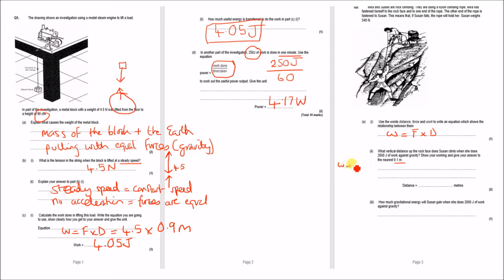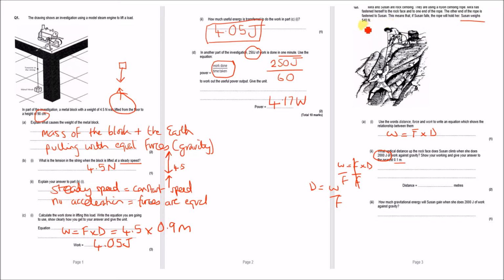So if work is equal to force times distance, and we're trying to find the distance, then we need to divide by force. So we divide by force on both sides. We can cancel that out. So distance is equal to work divided by force. So what we're going to do, well, we've got our work, which is in joules, and we have also got our force from the start of the question.